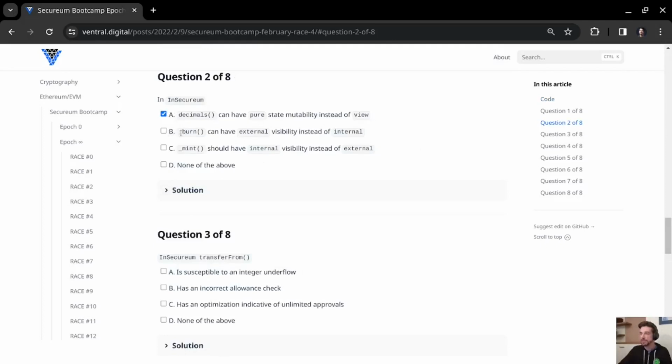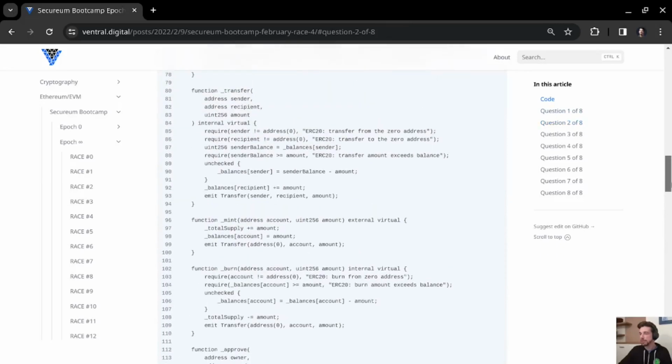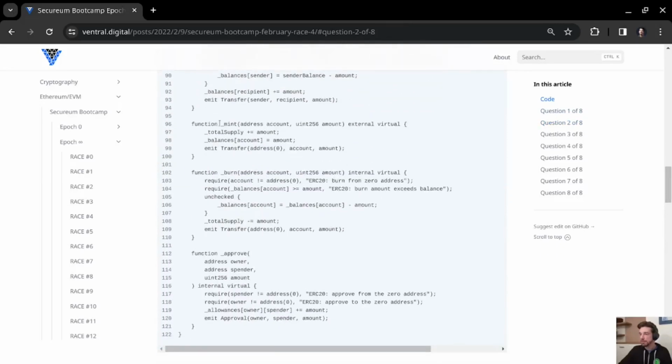B says that underscore burn can have an external visibility instead of internal, and C says that underscore mint should have internal visibility instead of external. So if we look at burn and mint, there we have them. Mint is external and burn is internal, and according to these options, these should be turned around.